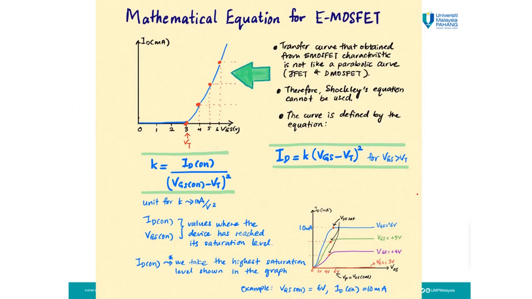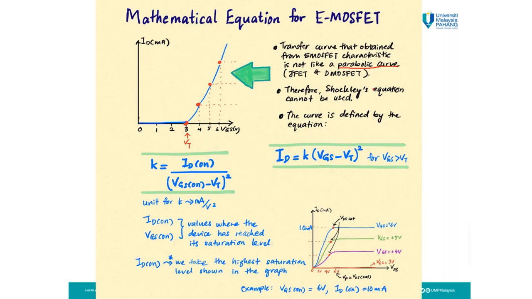Now we go to the mathematical equation for the EMOSFET. From this curve, it can be transformed into a mathematical equation. The transfer curve obtained from the EMOSFET characteristic is not like a parabolic curve. Remember the parabolic curve that we saw for the JFET and the DMOSFET?